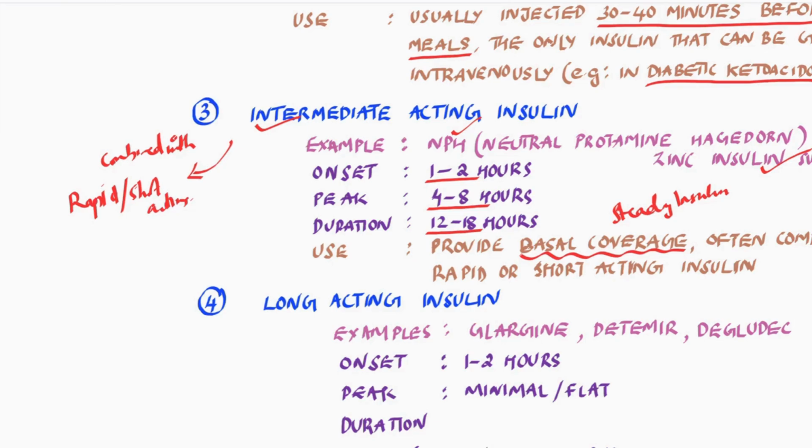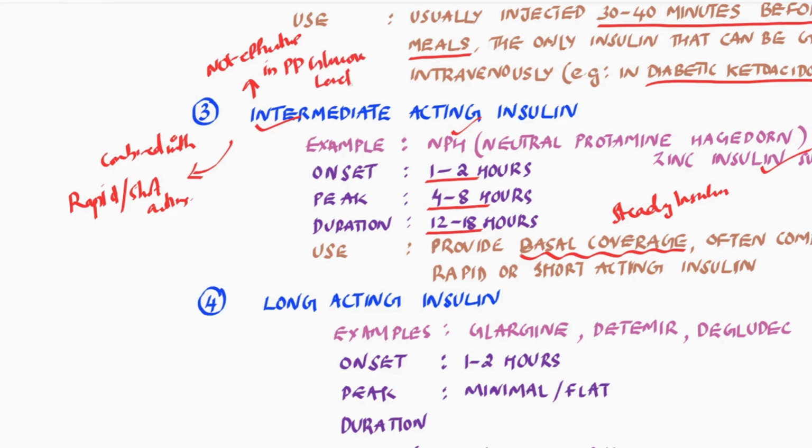This NPH or isophane insulin, or the insulin zinc suspension, its effect lasts for about 12 to 18 hours, but its action starts at 1 to 2 hours, so it does not give its effect right after a meal. That means it is not effective in controlling the postprandial glucose spikes.